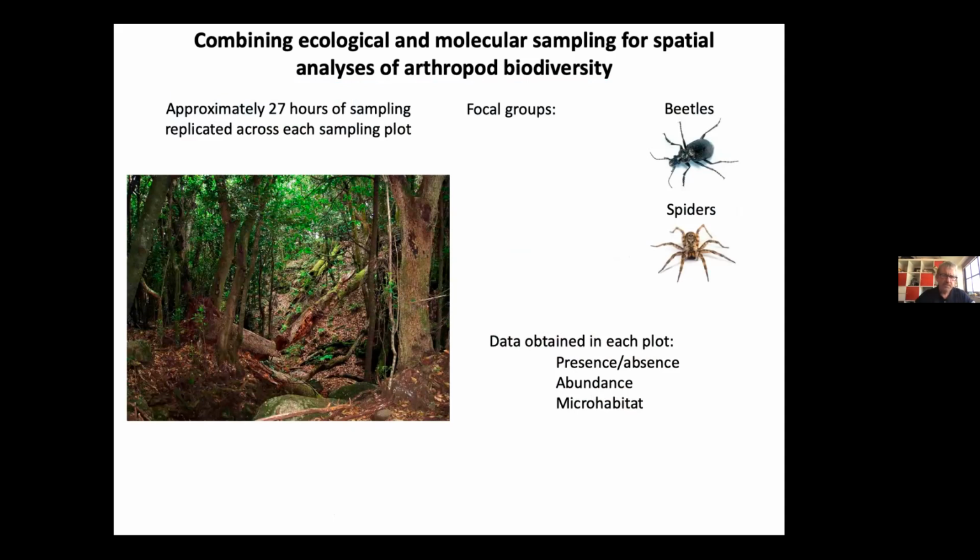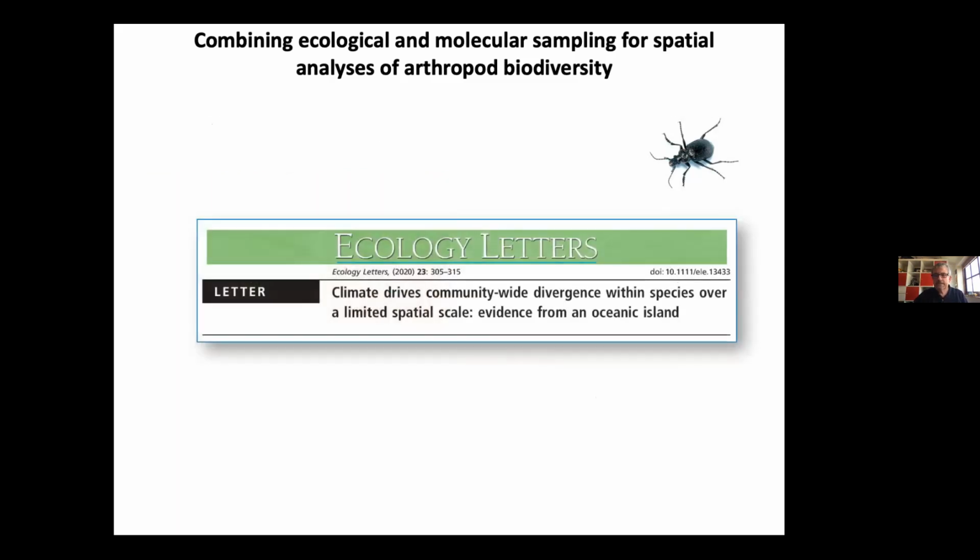The fundamental data you get from this is information about presence and absence and relative abundance across plots, and microhabitat information that comes from the sampling of individuals themselves, depending on which sampling types they are captured by. Everything that I'm going to talk about now, you can find in more detail within this paper here. And I'm going to present the results of the beetle work from these 10 plots.